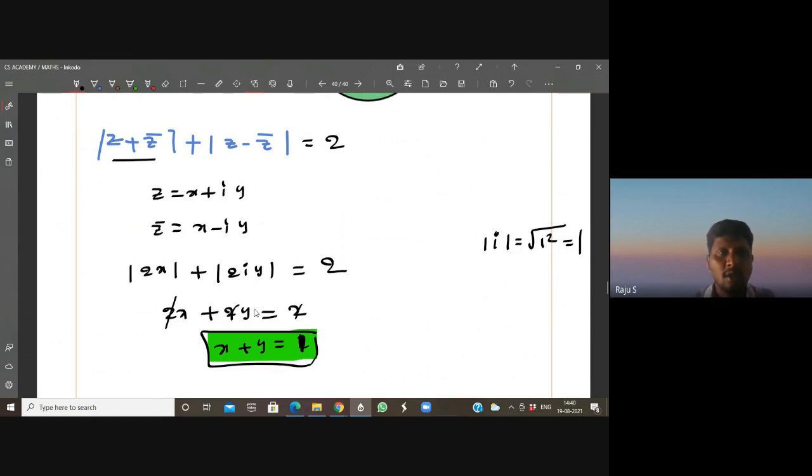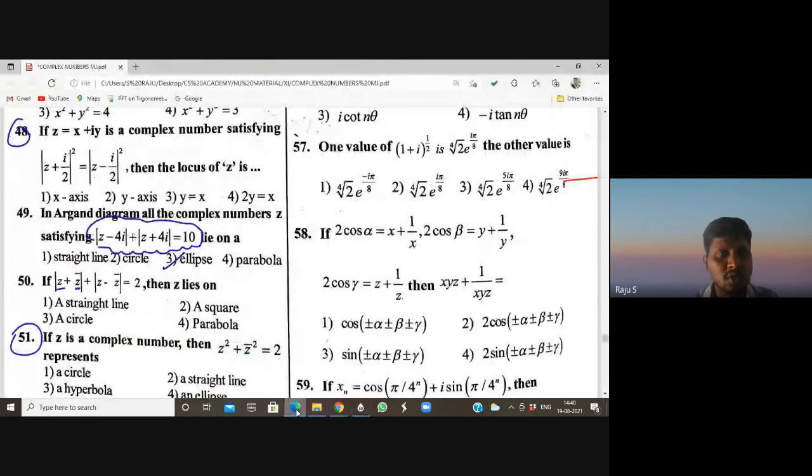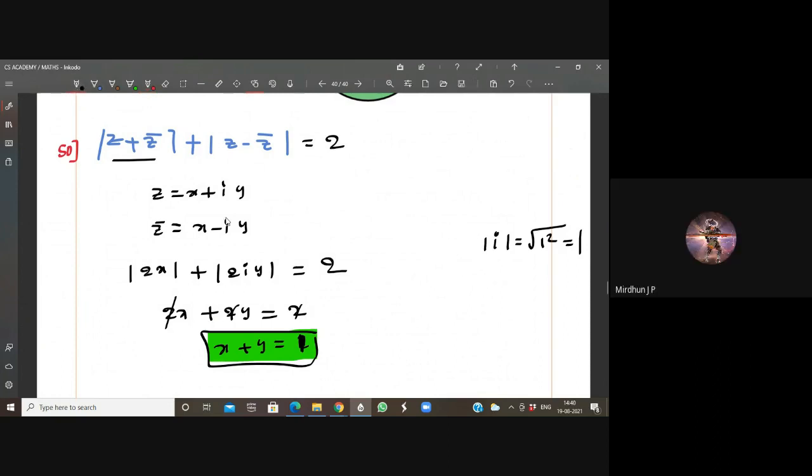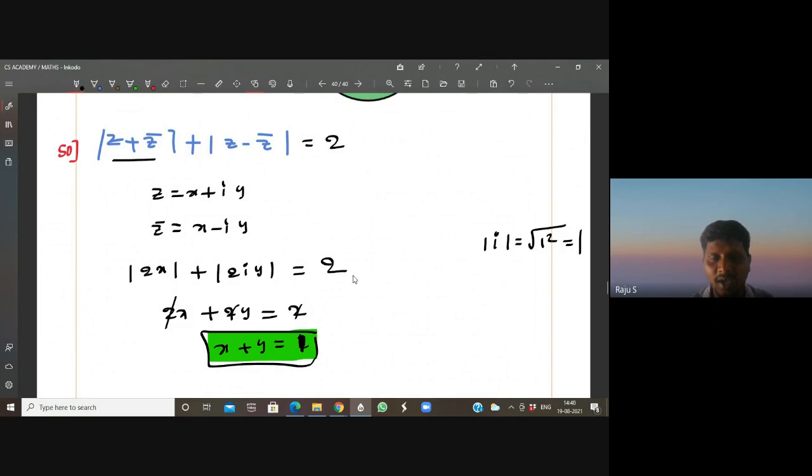This is question number 50. How can we calculate where it lies? See here, you carefully have to take the modulus. 2 is a constant, you can cancel it on both sides.